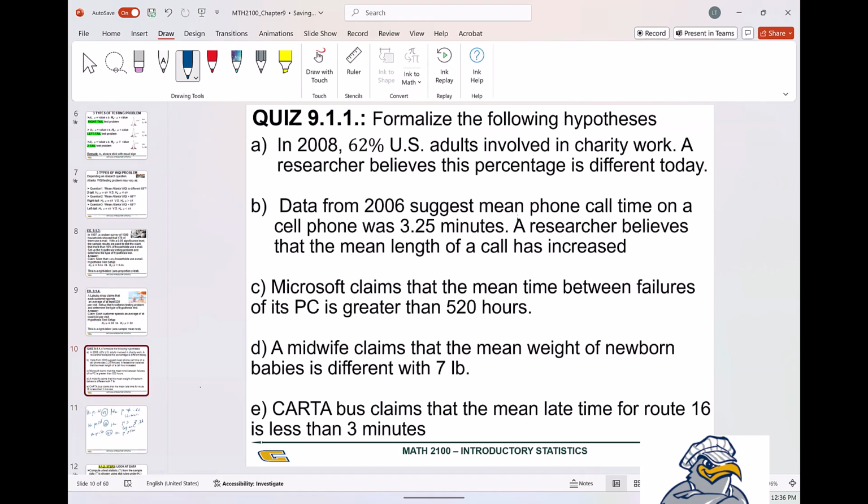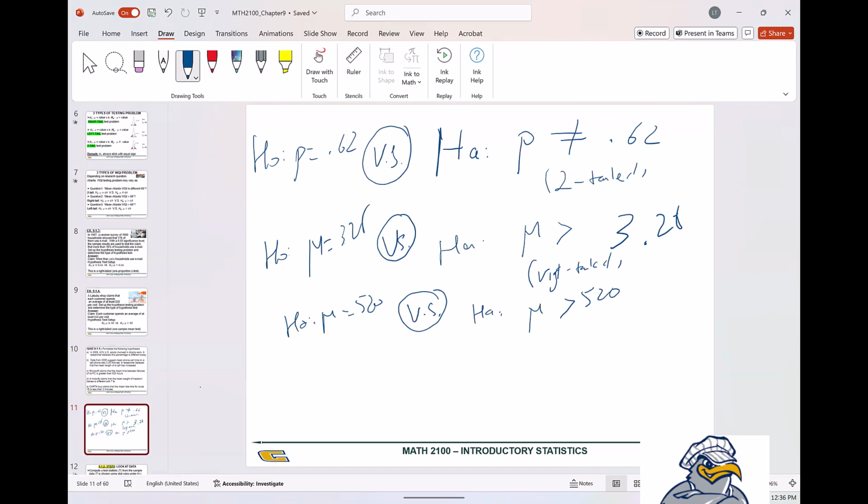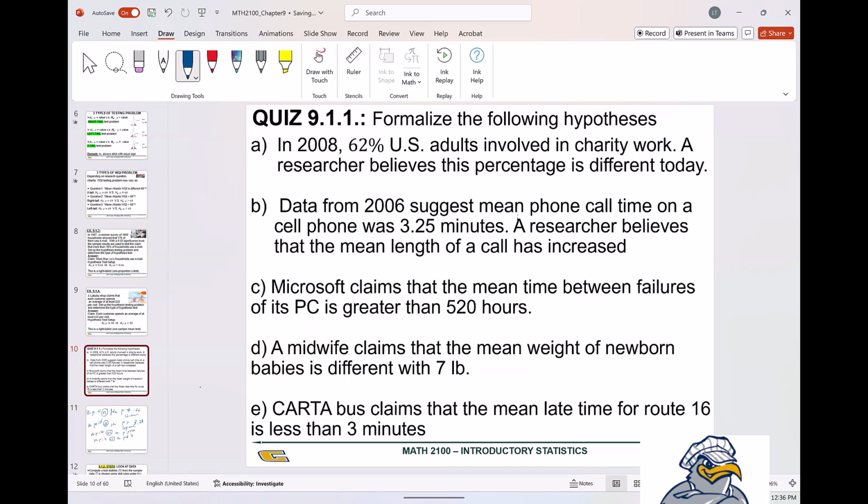A midwife claimed that the mean weight of a newborn baby is different from 7 pounds. So her claim is about the mean weight, different from 7 pounds, and your H naught will be mu equals 7 pounds. This is a two tail. Next, a bus company claimed that the mean wait time is less than 3 minutes.